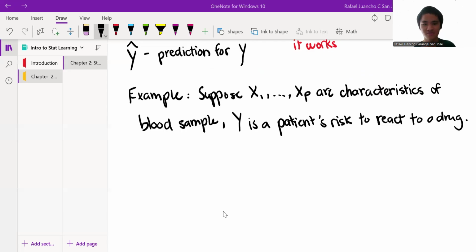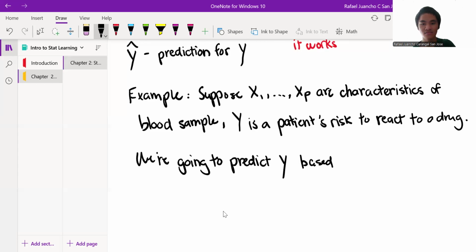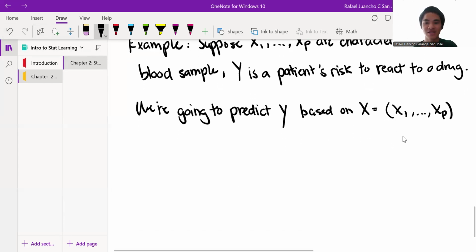In other words, we're going to predict Y based on X, where X is X sub 1, all the way to X sub p. I'm going to make it mathematically complicated. It's really just me.